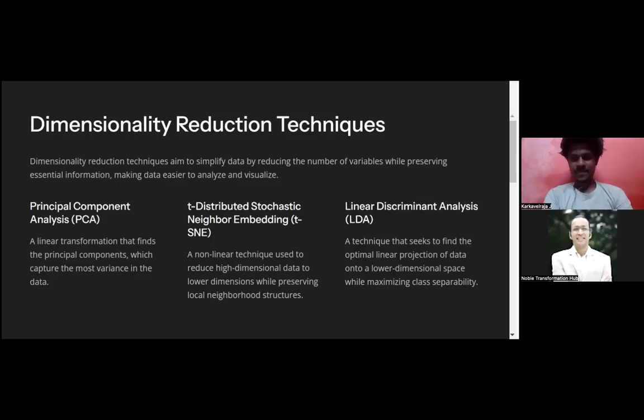It is a linear transformation that finds the principal components which capture the most variance in the data.